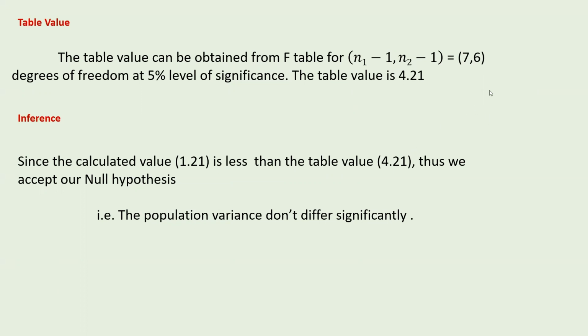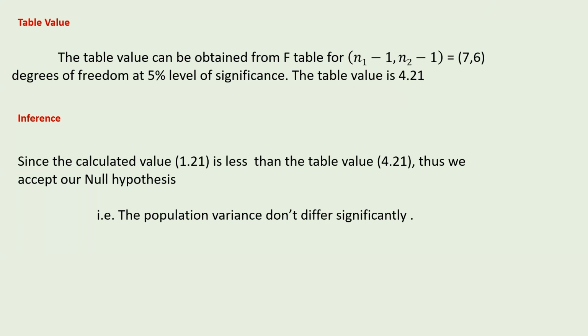In this case, our calculated value was 1.21 and the table value here is 4.21. So our calculated value is less than the table value. Thus we'll accept our null hypothesis. That is, the population variances do not differ significantly. So with this, the problem ends here.